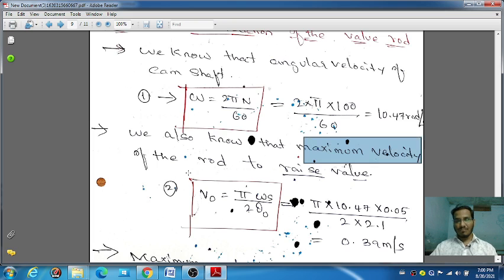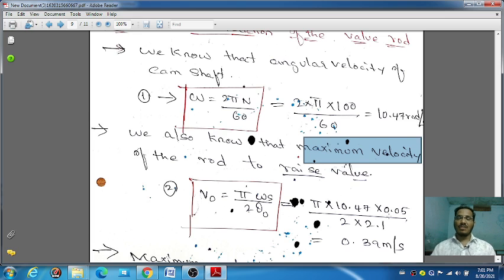Then the maximum velocity V naught, the second formula: pi omega S by 2 theta O. Omega is the value we just obtained. The next, S, is the length of the follower stroke. We write it in terms of meters, because to calculate the values you have to take all values in the same unit.